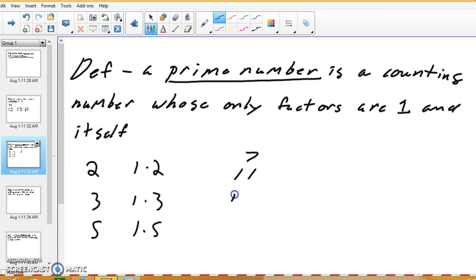Let's see here, 11, 13, 17, 19, and so on. There are many, many different prime numbers. And again, these numbers are prime simply because their only factors are 1 and themselves. There's no other numbers that you can multiply to give us 7 or 11 or 13 or 17 or 19. So these numbers are what we call prime because, again, they only have factors of 1 and themselves.